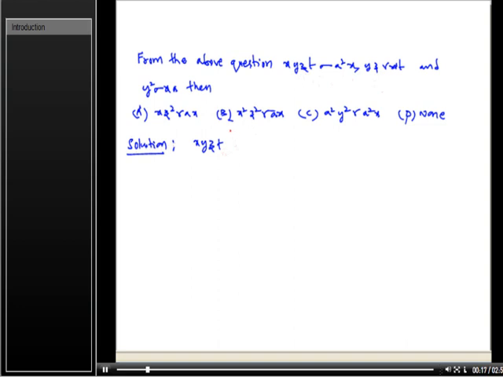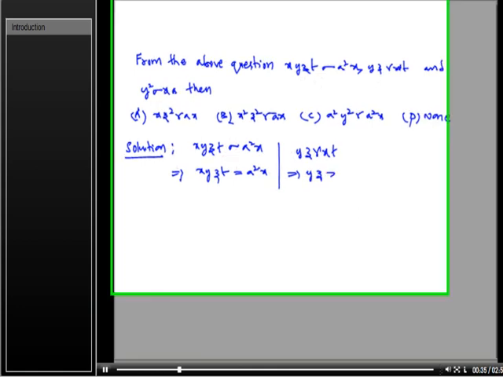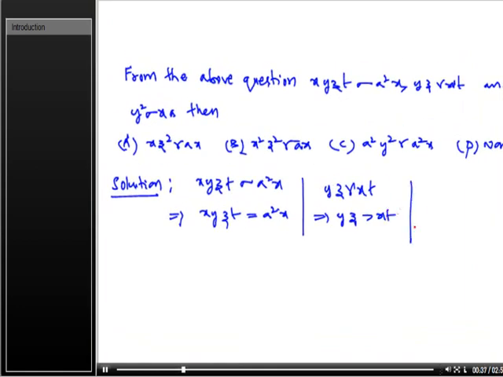XYZT sigma A square X. This implies XYZT is equal to A square X. And YZ gamma XT implies YZ greater than XT. Next, Y square sigma XA. This implies Y square is equal to XA.